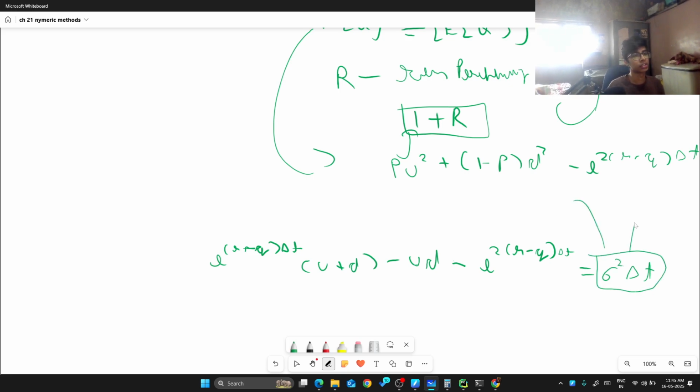This is the variance, and the variance formula is given by this if we have to find the variance.